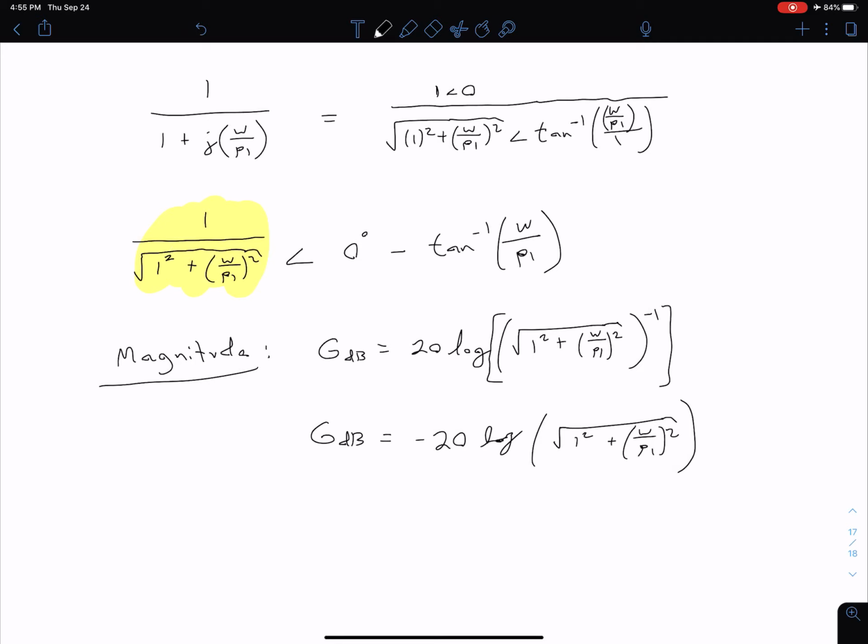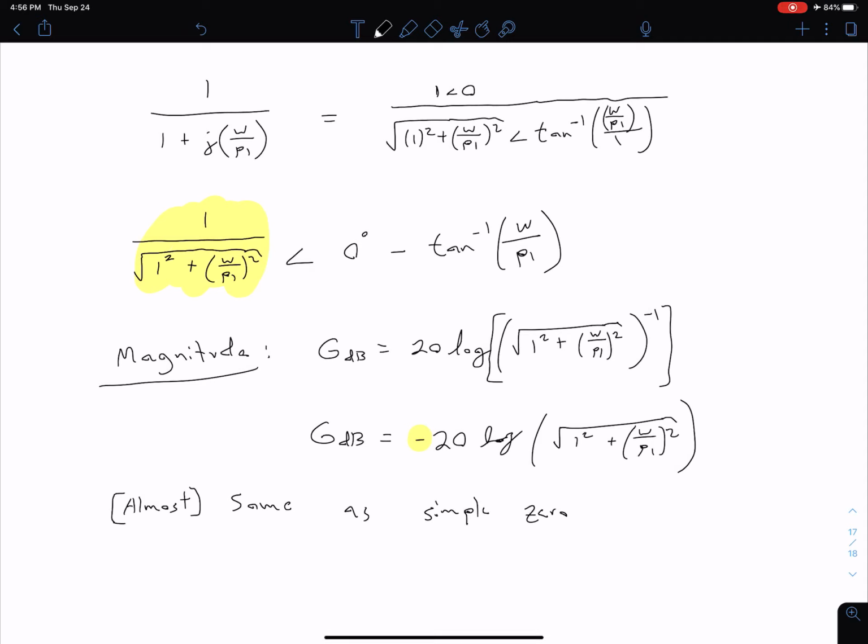So we recognize now that this looks the same as what we saw for our simple zero. The only difference is this negative sign out front. And so what that means is this is almost the same as our simple zero.